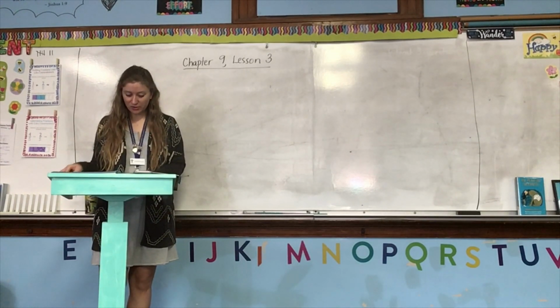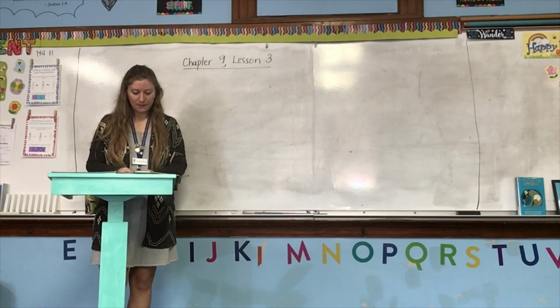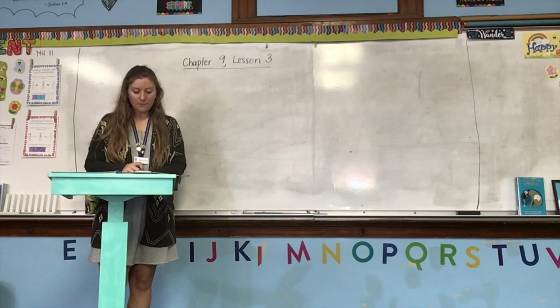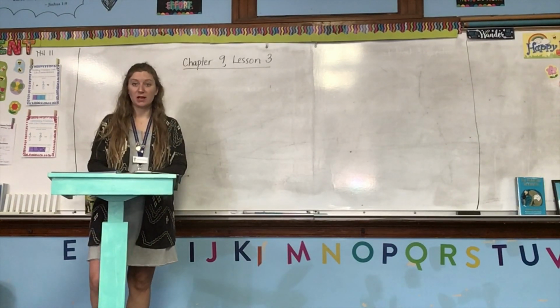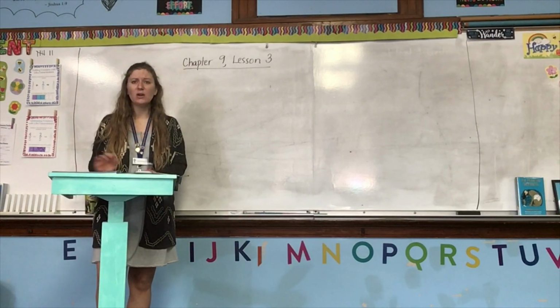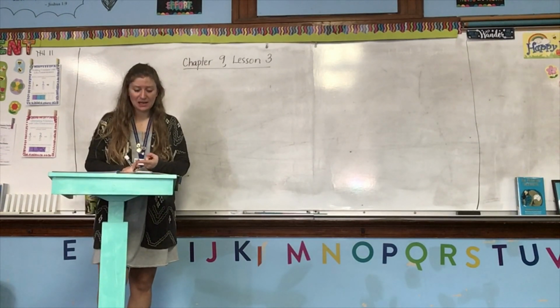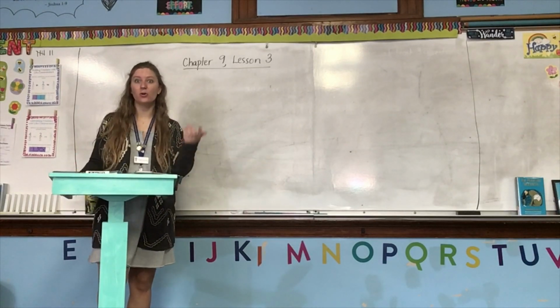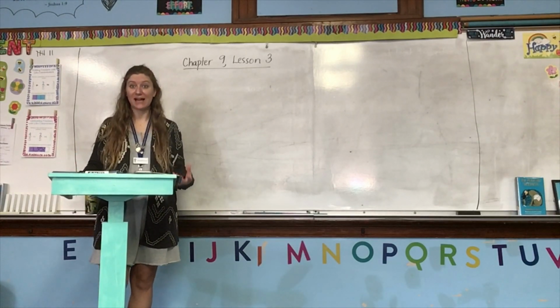Go ahead and turn the page, and let's read the main idea. All matter is made up of elements that can be classified according to their properties. So this whole lesson is going to be on elements and how they're classified. In almost every chapter we've talked about classification.